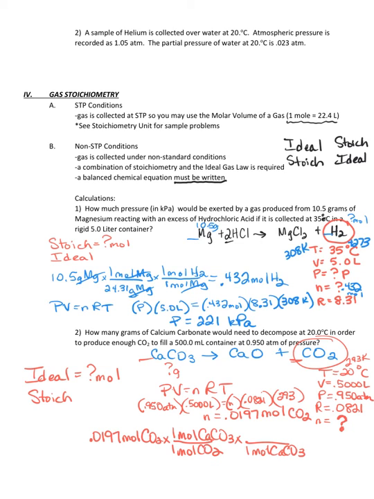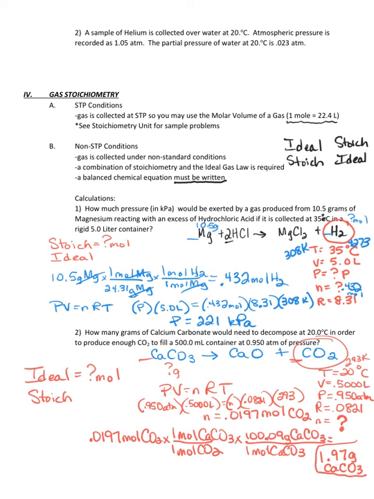According to my calculations, 1 calcium, 1 carbon, and 3 oxygen is 100.09 grams. And I get 1.97 grams of calcium carbonate.